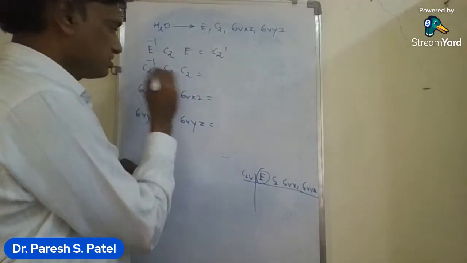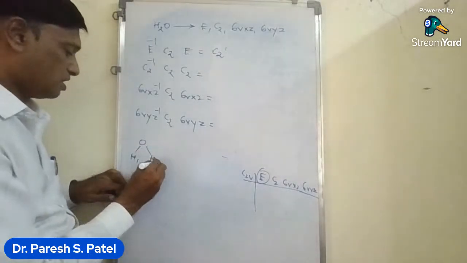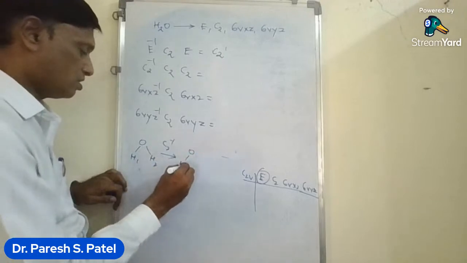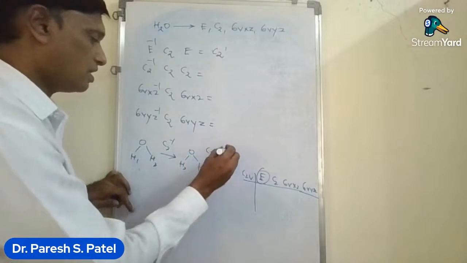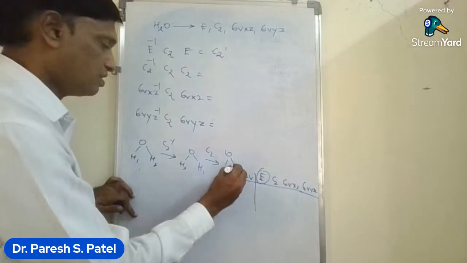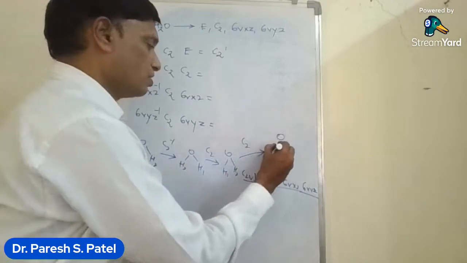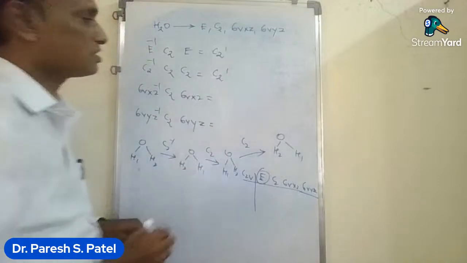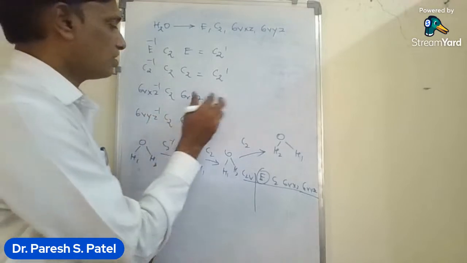C2 inverse, H1, H2. C2 inverse, it means 2 and 1. Again C2, again changed H1, H2, and again C2. So H2 to H1. It means the overall result is C2. Clear? Here there is no change, unchanged.